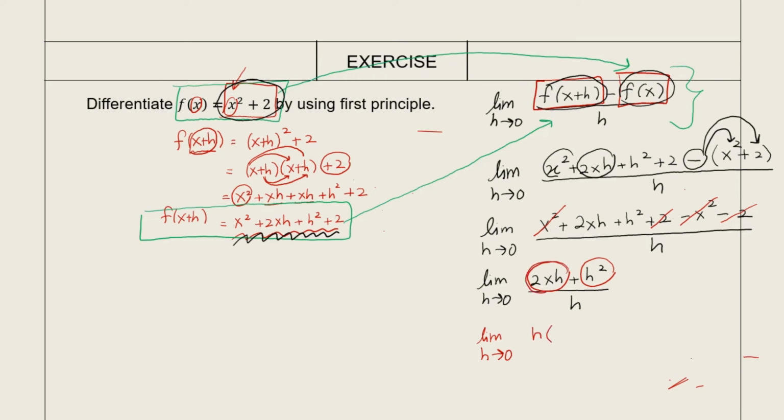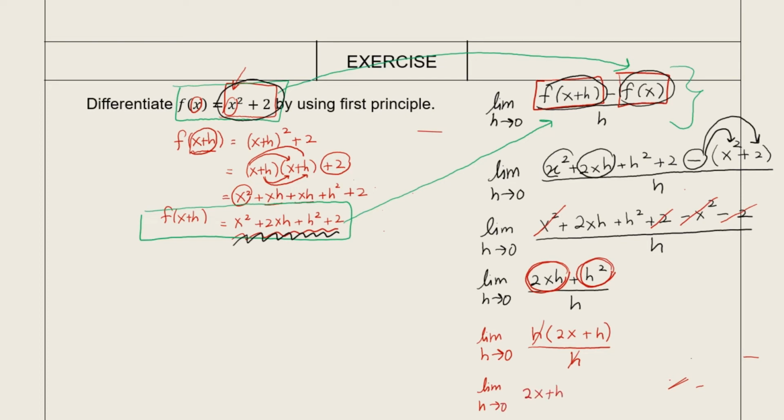Therefore, this term is only left with 2x plus this term is only left with 1h because you factorized out. And we have h in the denominator, so we can cancel both h in the numerator and denominator. So you are only left with limit h approaching 0 of 2x plus h.